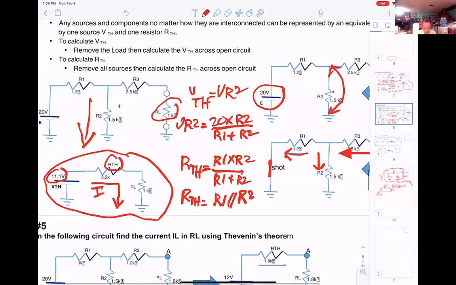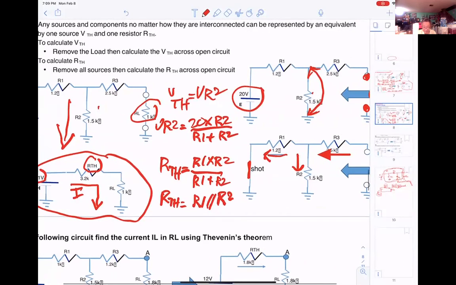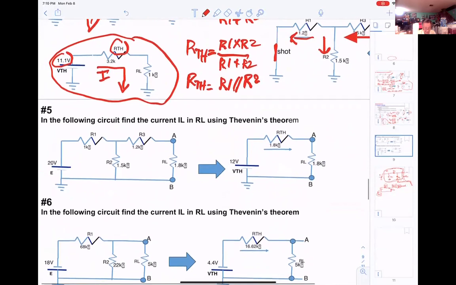Then looking from the load into the circuitry, you can calculate the voltage. If you want to calculate the resistance RThevenin, you have to remove the source. When they say remove the source, that means if you remove a voltage source, you short it. If you remove a current source, you open it. Then from the open circuit, looking into the circuitry, try to see which resistances are in series or in parallel.